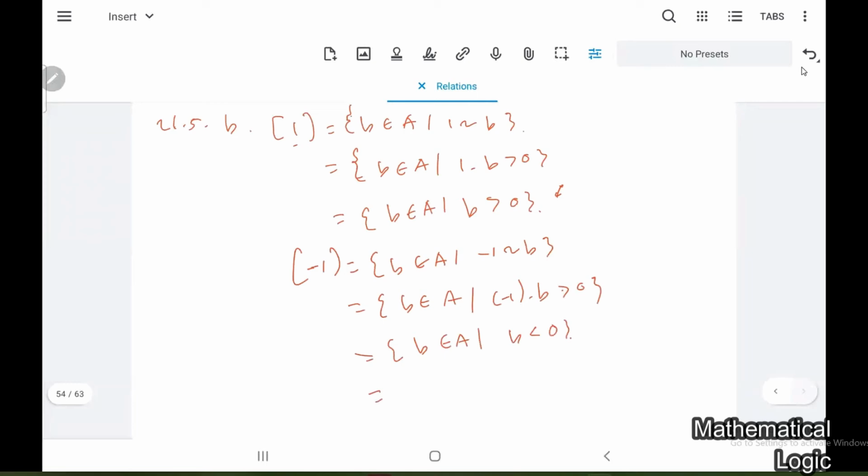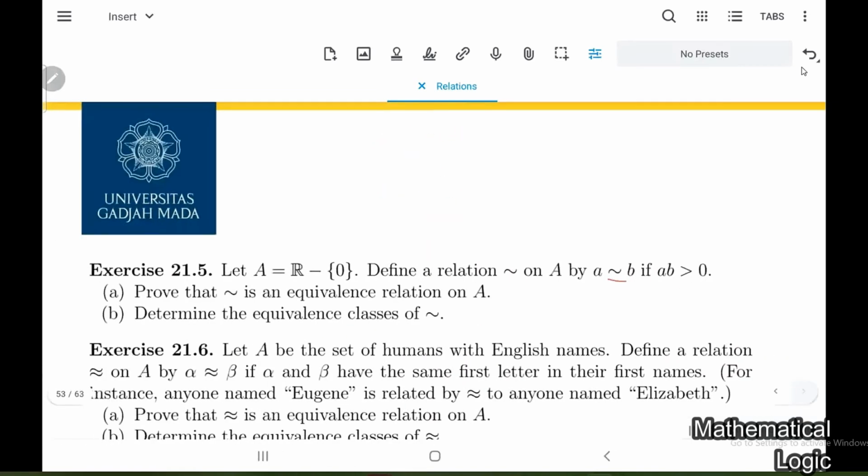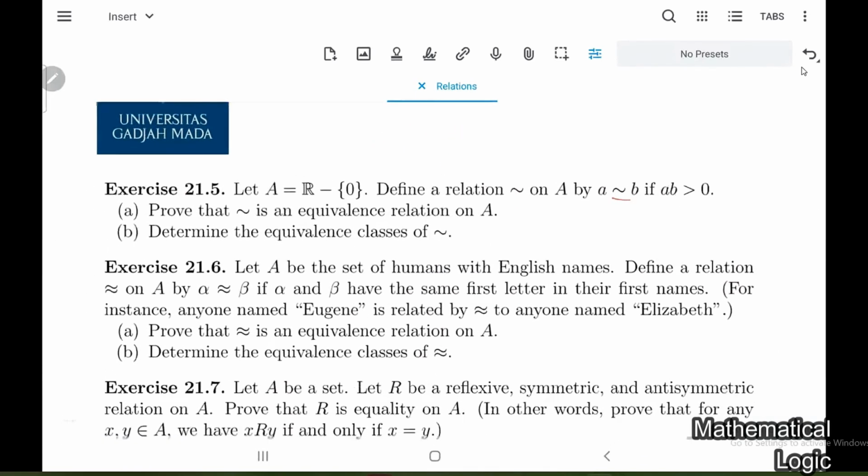So if we look at this, one is the negative reals and this one is the positive reals. So we have two equivalence classes. If you imagine R and divide it into 2, this one is the positive one, this one is the negative one. So that's the impact of this equivalence relation.